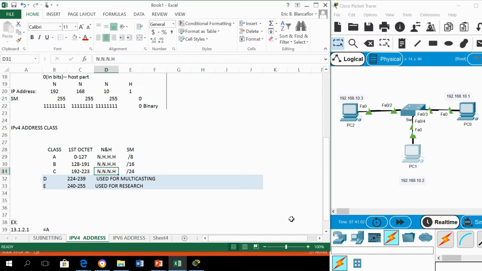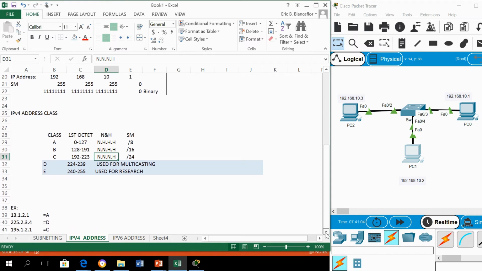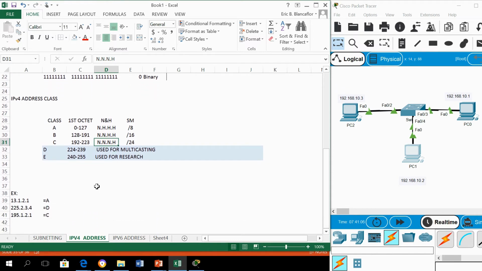For us to know exactly the number of hosts per network in each of the given classes, there is this formula. I'll write it here. The formula is that the number of hosts per network is equal to 2 raised to m, minus 2.